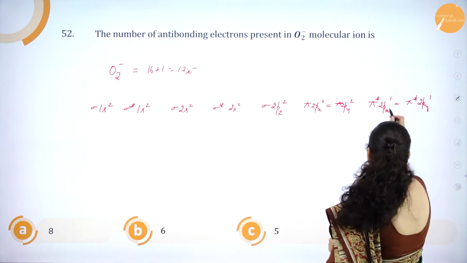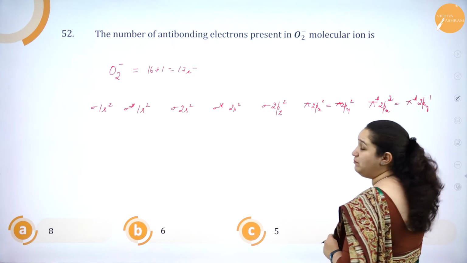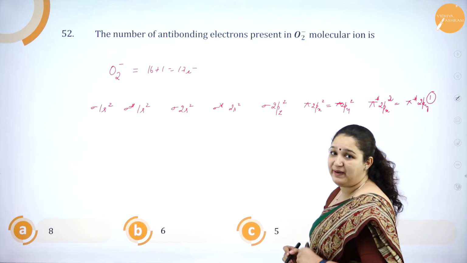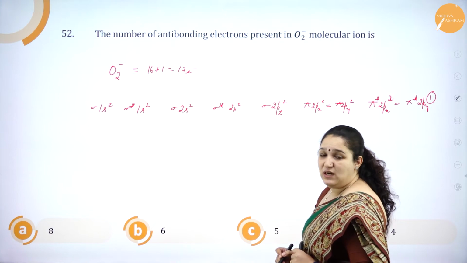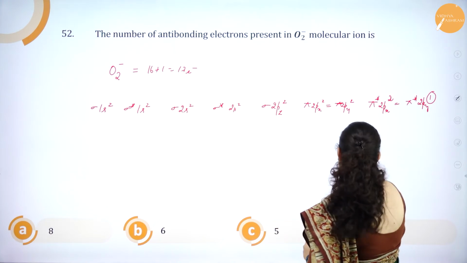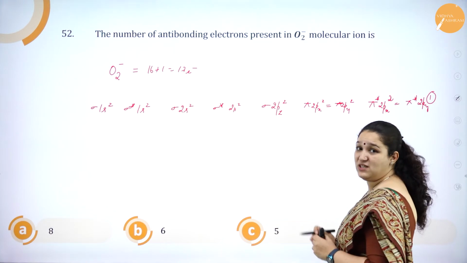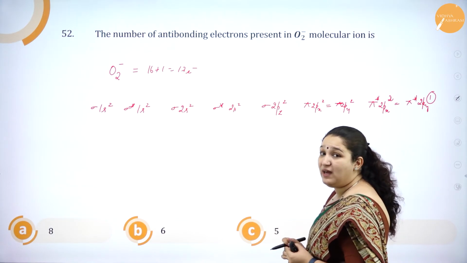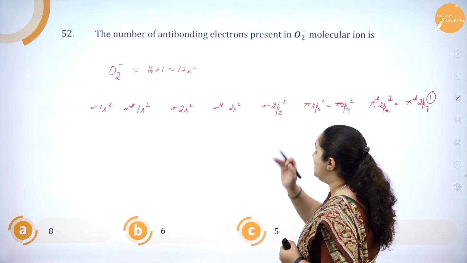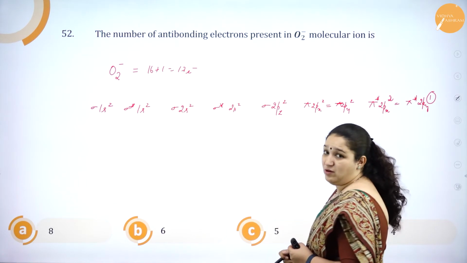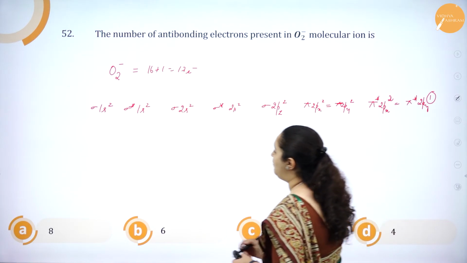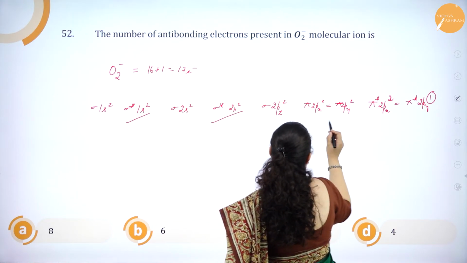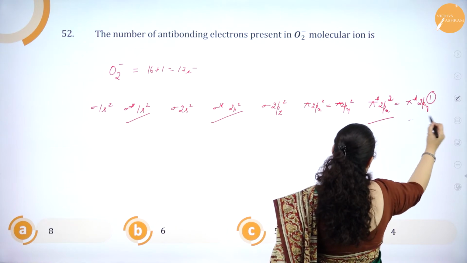I can consider here it is paired up and this has become 2. And you have one unpaired electron in pi star 2py. Okay, because here it has got equal energy. First it has to be singly occupied, then it has to pair up. Now the question is the number of antibonding electrons present. So count the antibonding ones: 2, 4, 6 plus 1, 7.